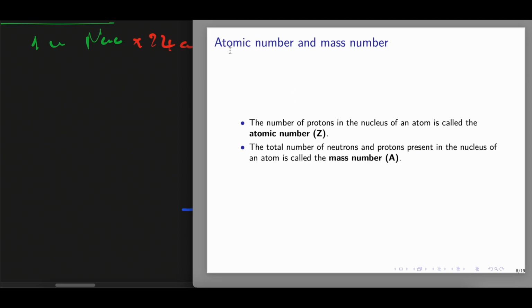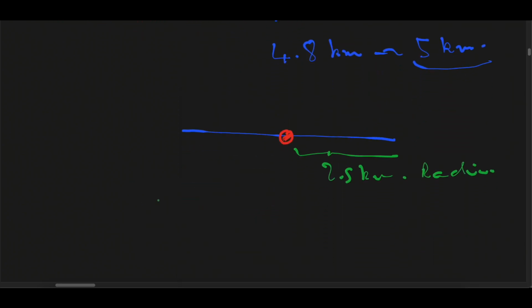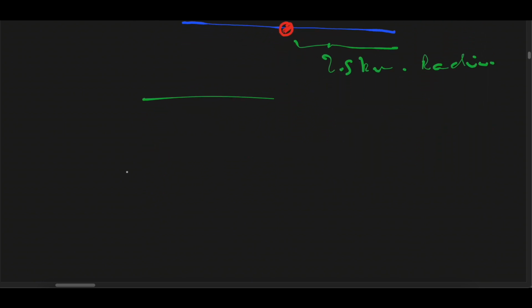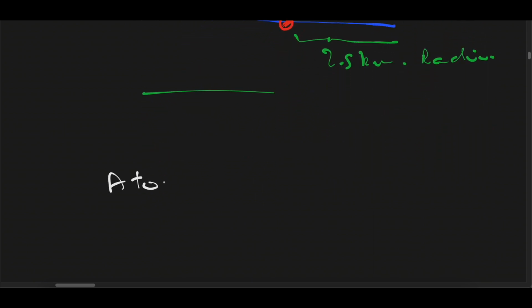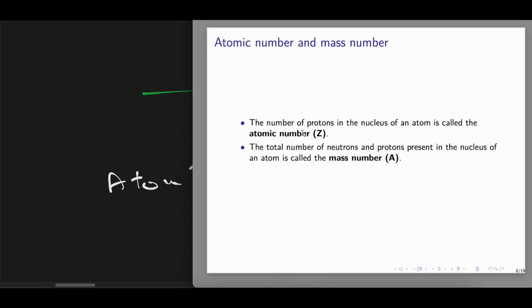Now let's talk about the atomic number and the mass number. So each atom has an atomic number and mass number. And the atomic number Z represents the number of protons in the nucleus.